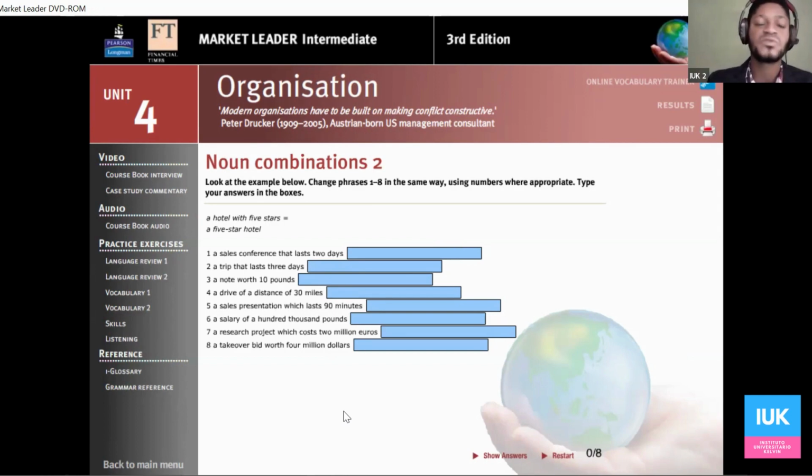Number 3. A note worth £10. Do you say a £10 note or a £10 note?